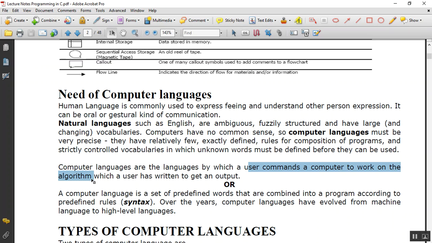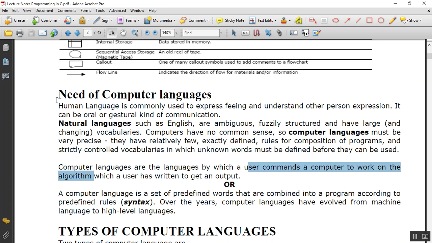A simple definition of algorithm is that it is a set of ordered steps for solving any problem. But what is it actually? It is a representation of a logic. Using that logic, we can write a program in any computer language.